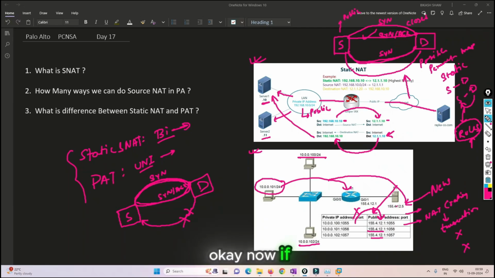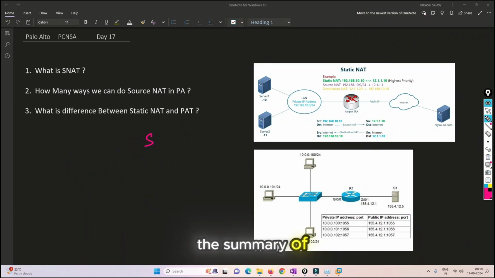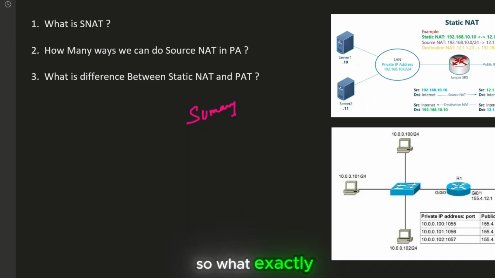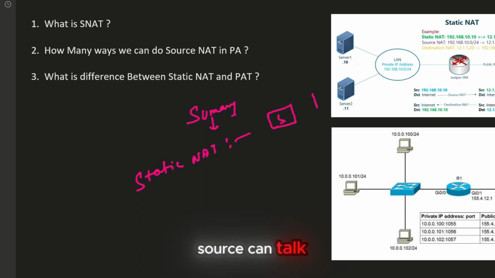Now if I talk about the summary of it, what exactly I'm trying to say is, if you configure static NAT, the source can talk to the destination and the destination can talk to the source.